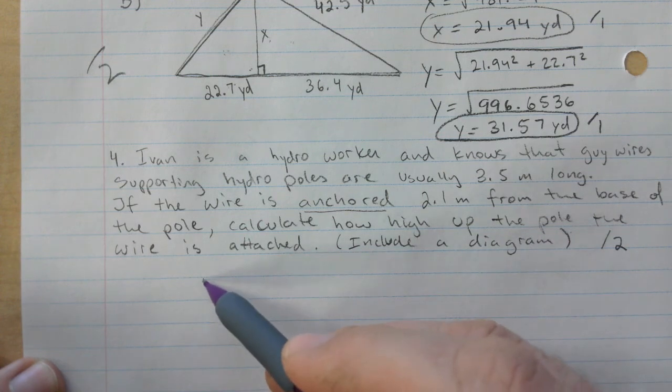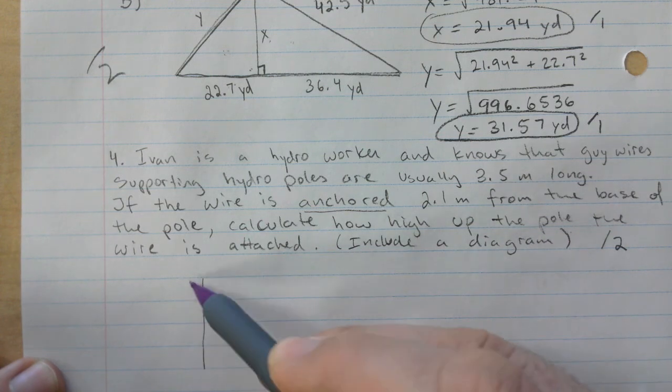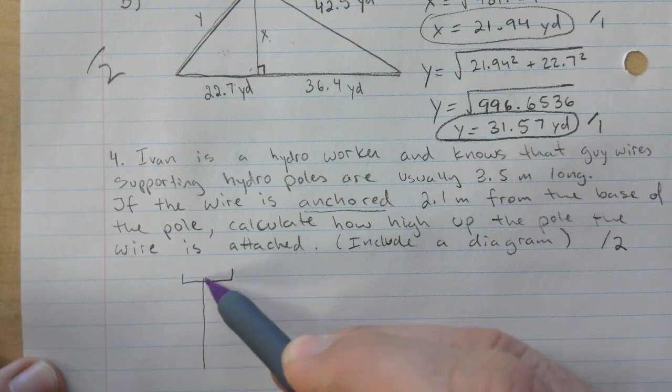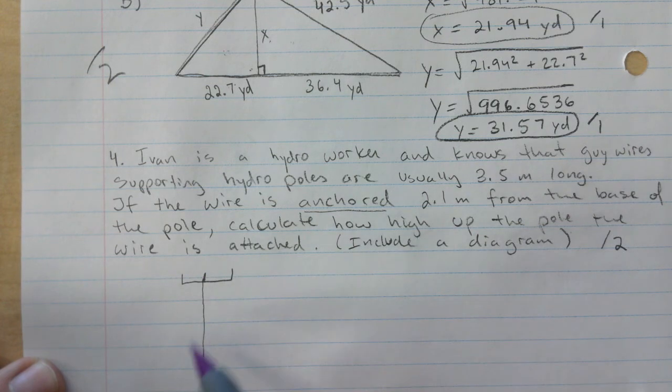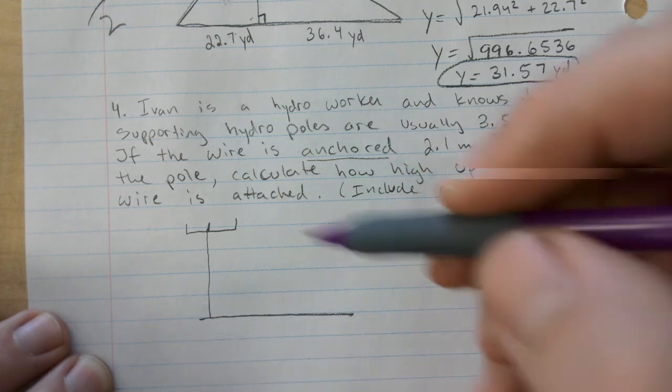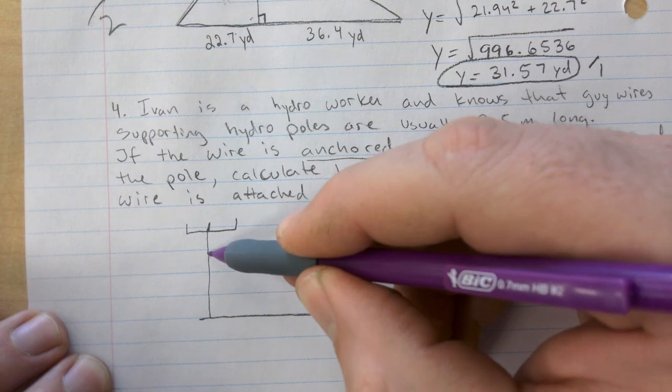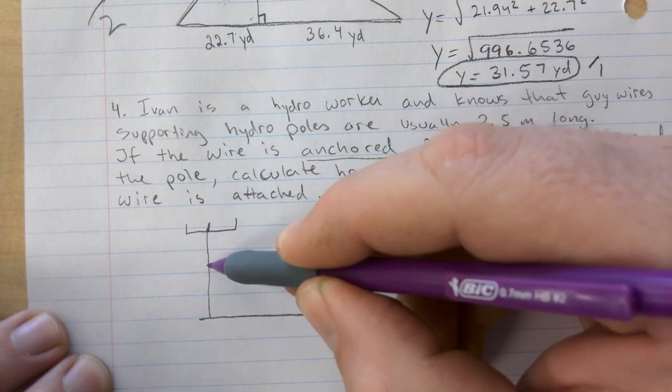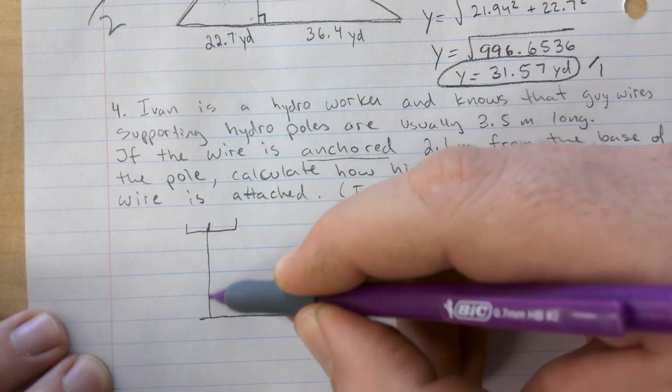So we talked about hydro poles, right? They hold the wires that go along, and they will often have a guy wire, like a wire going at an angle, supporting it. So it doesn't matter which way it's going. If this is the ground, we know that the guy wire doesn't go all the way up ever. It's just somewhere along the side of the pole.